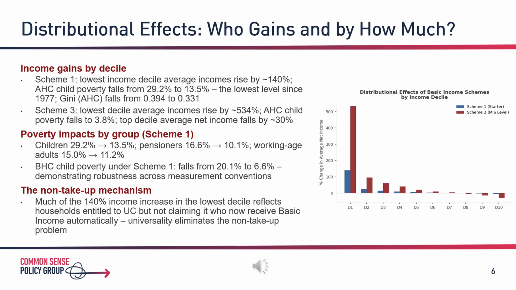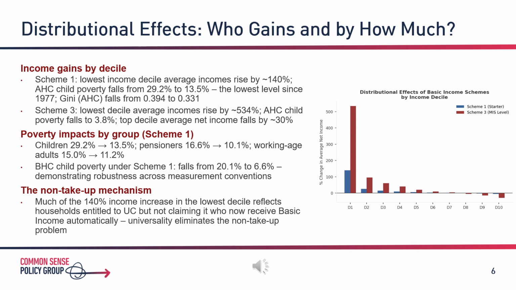The distributional outcomes from the Reed et al. 2023 analysis are among the most striking in the recent UK microsimulation literature. Let me work through the headline numbers precisely. Under Scheme 1, the starter scheme, which is fiscally neutral, average incomes in the lowest income decile rise by approximately 140%. AHC child poverty falls from 29.2% to 13.5%.